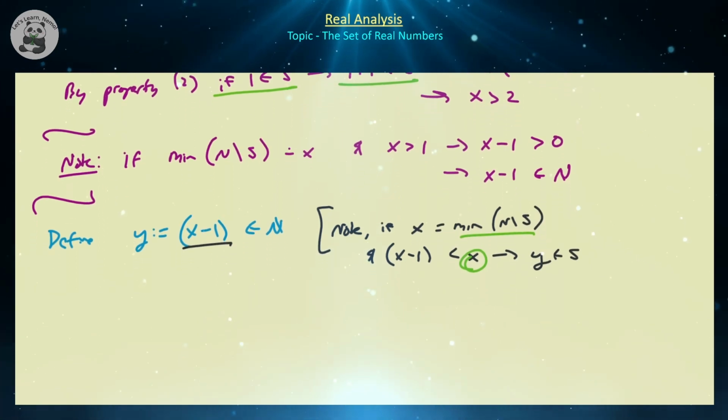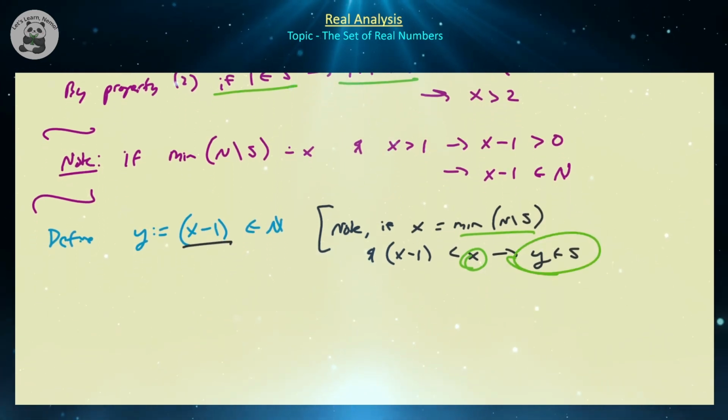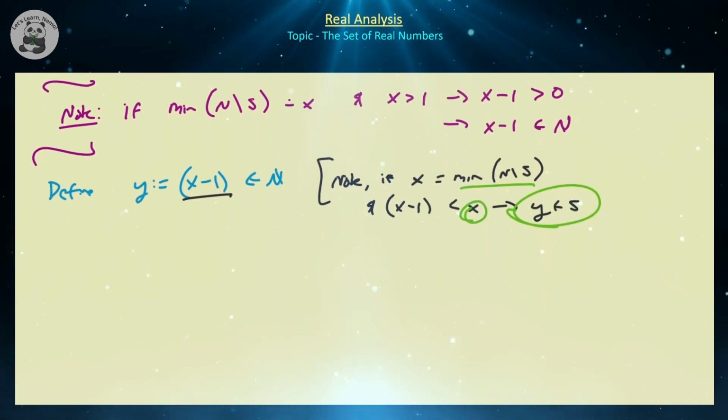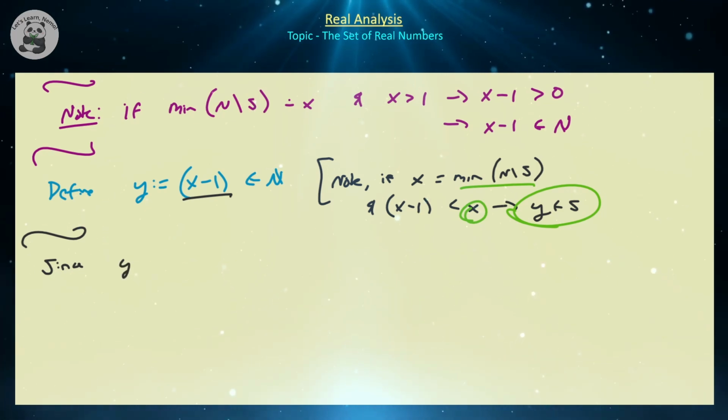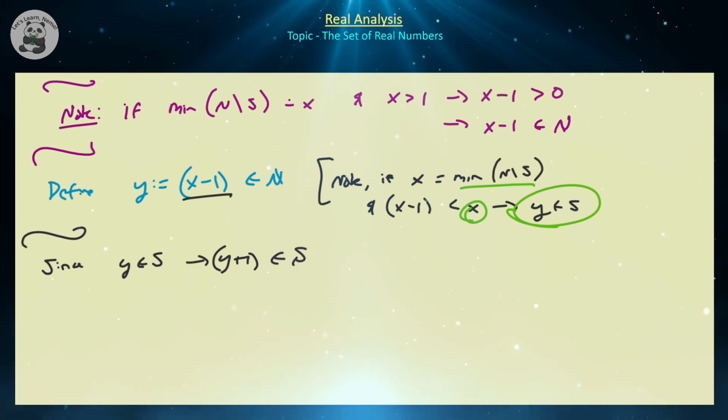Including y. So in some sense, what we're trying to imply here is that y is a maximal element of S, right? So what is the problem with that? Since y is an element of S, y plus 1 is also an element of S, and that's by property 2.